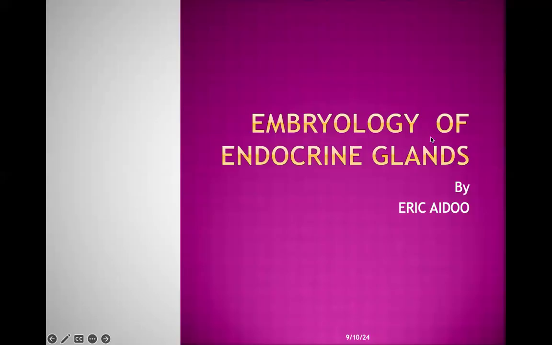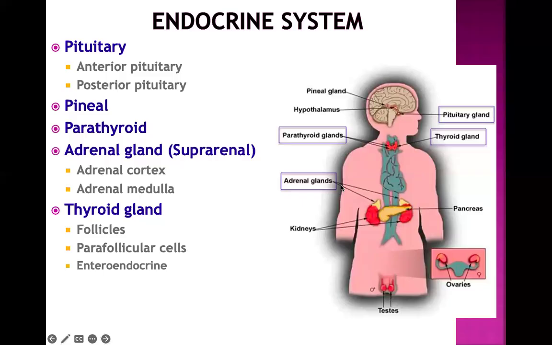Okay. So without wasting much time, let's look at the structures we'll be covering. We are looking at the pituitary gland, which is located around this portion. Let me activate my pointer, so that then the pineal gland, parathyroid, which is around the cervical region, adrenal gland, which is also known as the suprarenal because it is on top of the renal organ, the kidney, which is divided into a cortex and a medulla.